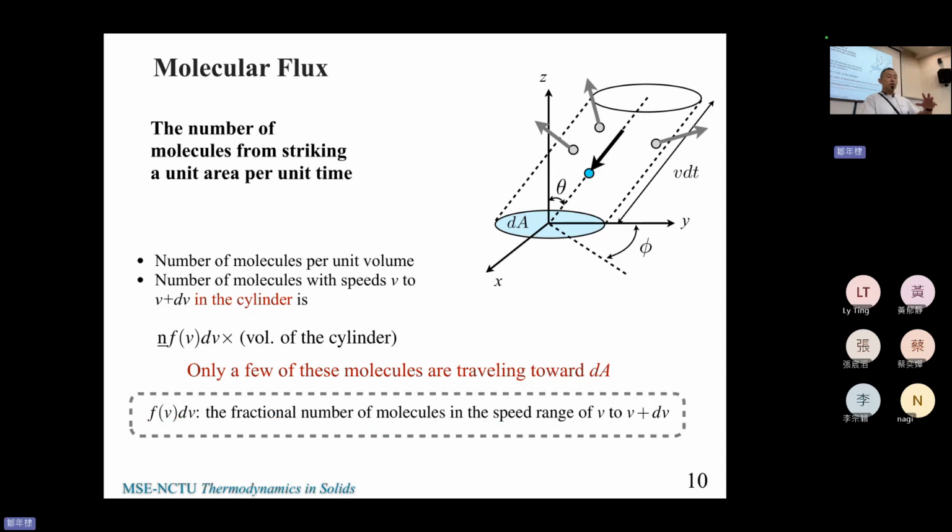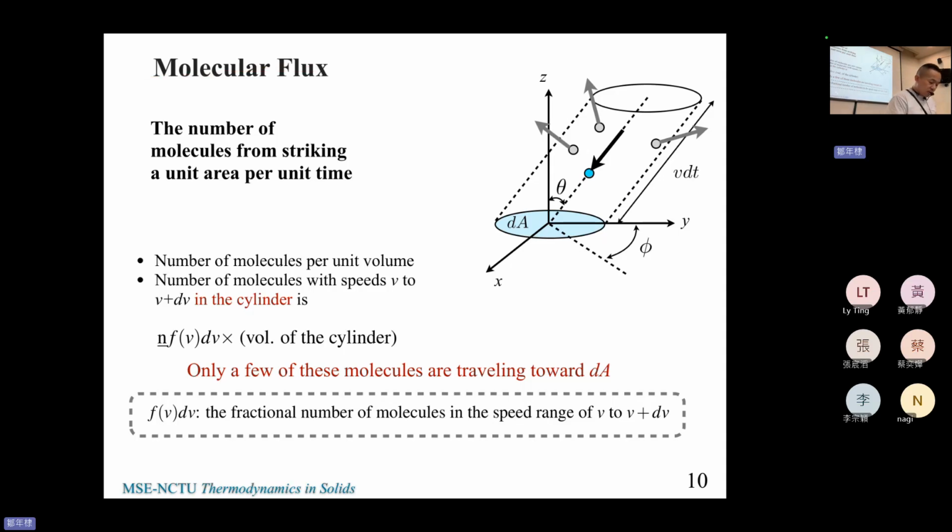Now we are going to talk about how the atoms bump into a certain area. When a particle bumps into a certain area, it means that we need to take direction into account, right? Okay, so let's talk about molecular flux.